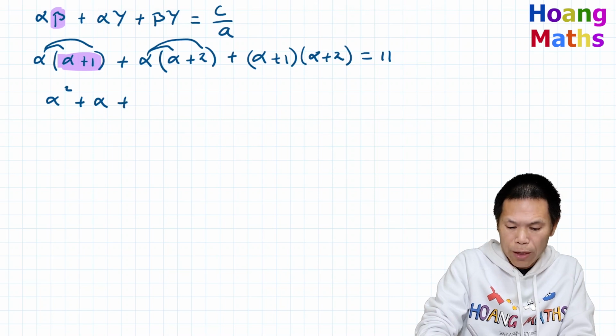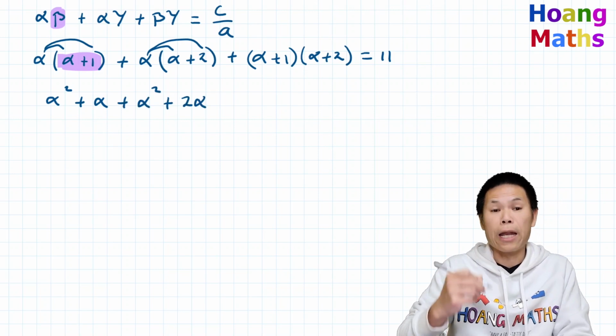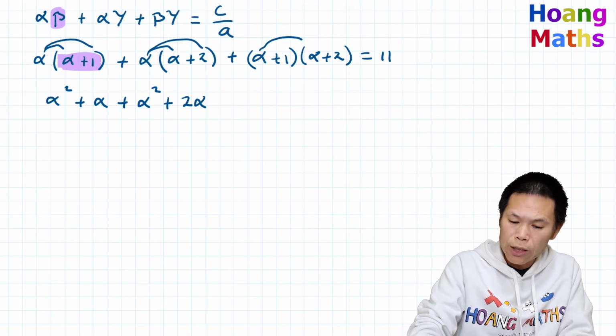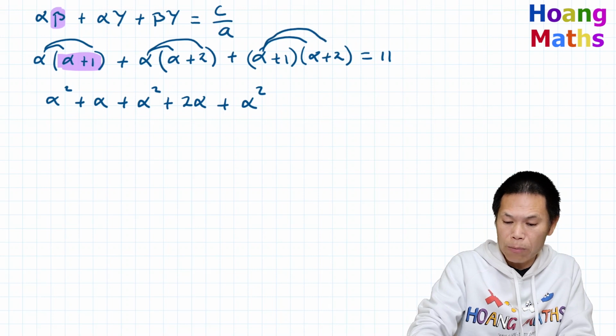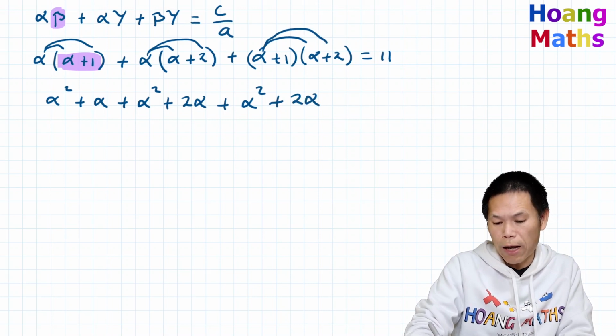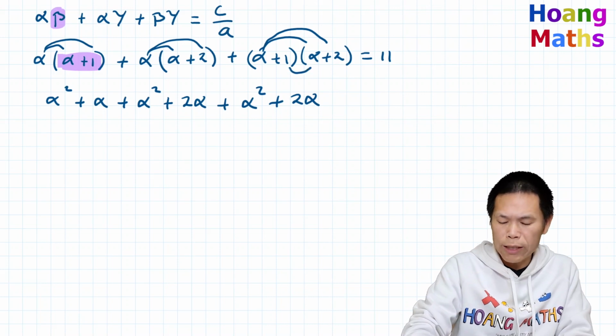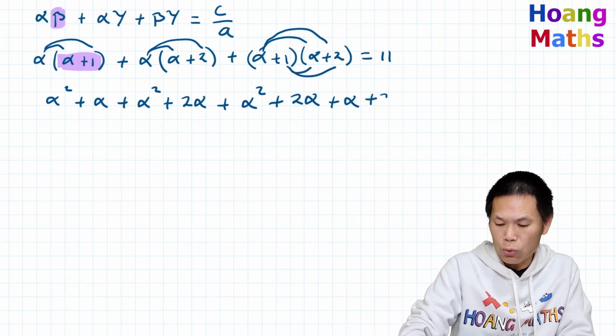So we add alpha squared plus 2 alpha. And then we remove this bracket: that times that gives me alpha squared, and alpha times 2 is 2 alpha, and 1 times alpha is alpha, and 1 times 2 gives me 2. So we add 2, and that will give me 11.